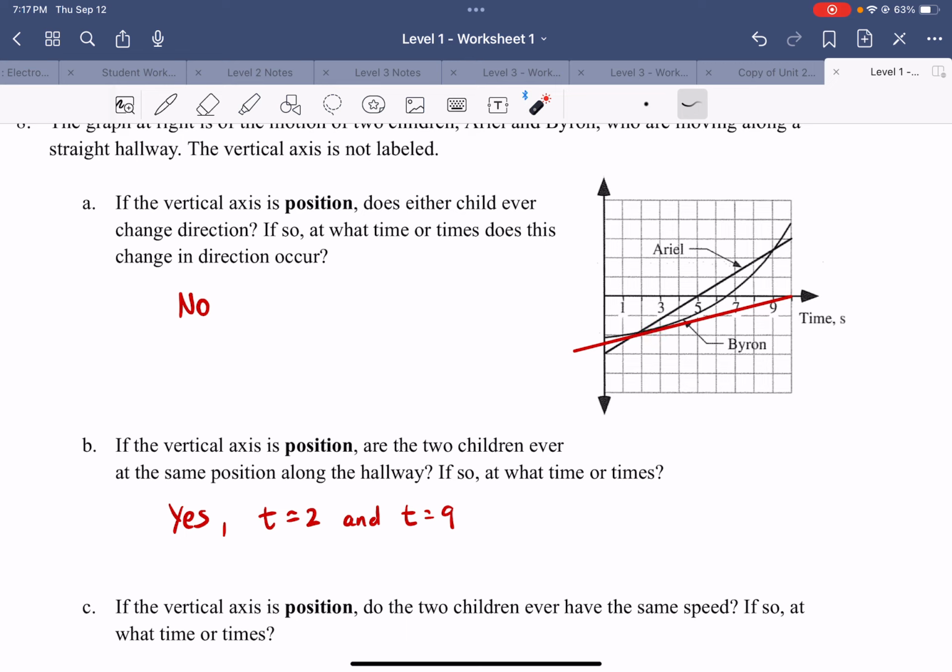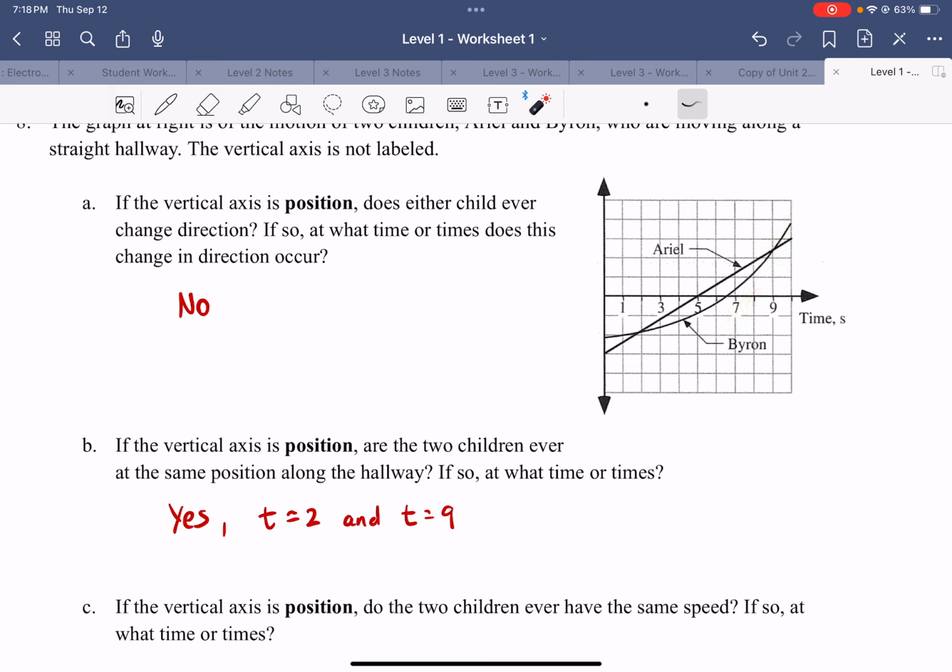So the slope of Byron's graph at around 2 to 3 seconds is currently less than the slope of Ariel's line. Over here, Byron's graph becomes steeper than Ariel's graph, so he has a greater velocity at that point.